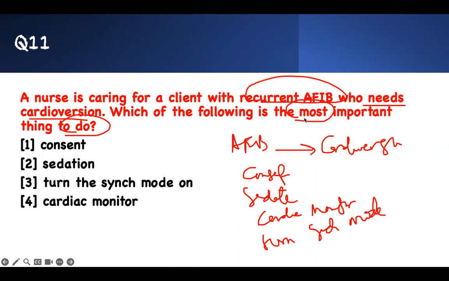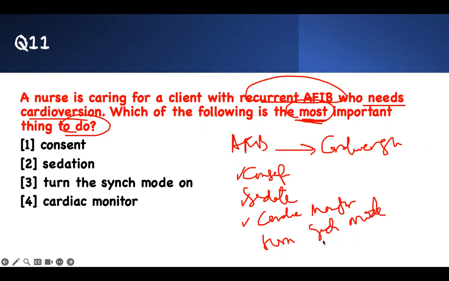The way I see this question is, which one is going to kill you? If I don't get a consent and I do the procedure, you'll be fine. You're not dead, you just probably will sue me. If I don't give you sedation, I'm being non-human, I'm being mean. I need a cardiac monitor to monitor you, but still, it's not going to kill you.